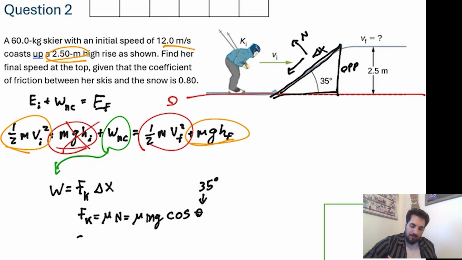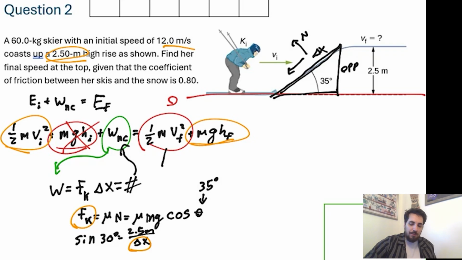So we use sine of 35 degrees is equal to opposite, 2.5 meters, over the hypotenuse, delta x. We can solve this for delta x. We can solve this for the kinetic friction force, meaning we can solve this to get the work done, find a number from that work done. Take that number, plug it in up here, and you are able to then solve this equation for the final velocity.